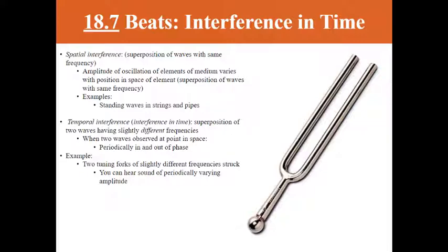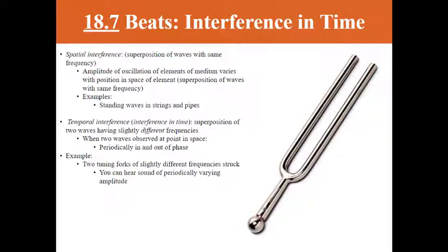Then there's the standing waves where the waves are moving opposite to each other with the same speed and frequency. So you ended up getting the standing wave where the elements of the medium just moved up and down, but there was no visible propagation of the wave.